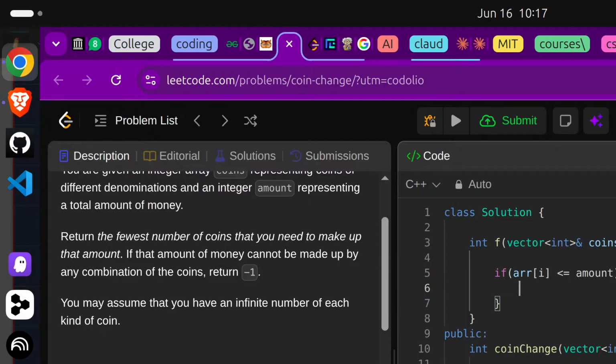So we have this. Okay, so if we take that, then what we have is coins, amount minus I, comma I minus 1, because we are decreasing, right?